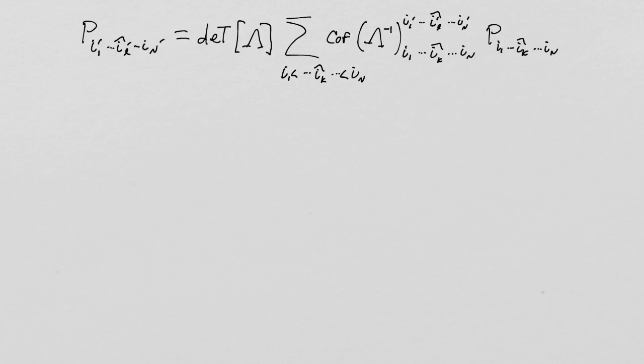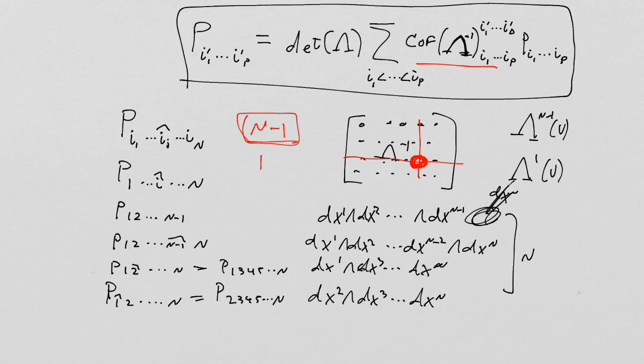Okay, so now that's my statement, but I have already shown that this cofactor I can easily simplify in the case of n minus 1 using this argument, right?